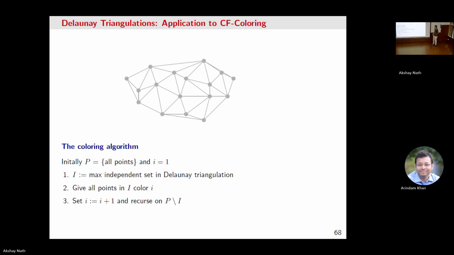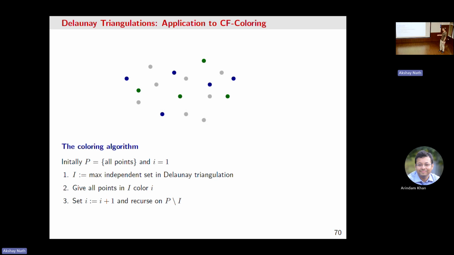Now I compute the Delaunay triangulation and take an independent set. Hopefully this is an independent set. I give everybody in the independent set the same color, number 1. Then I delete those points, or ignore them, and repeat. I take the Delaunay triangulation of the remaining points, compute an independent set, give it color number 2, green, and repeat.